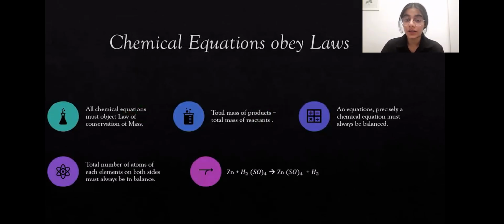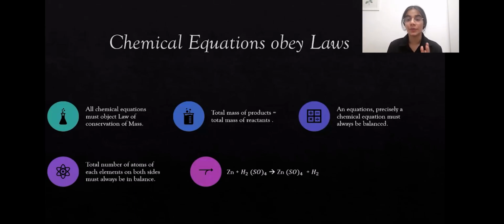Now, chemical equations that are written by us to represent chemical reactions have to obey a law. All chemical equations that are written down must obey the law of conservation of mass. The law of conservation of mass states that the total mass of products is equal to the total mass of the reactants.